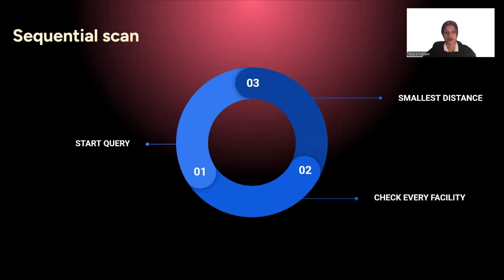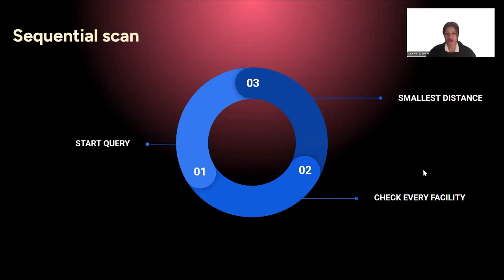So first one we will go over is the sequential scan. As we mentioned, it's the baseline method. It's the simplest one. It starts a query and then it checks every facility and then it gives us the smallest distance. So the sequential scan actually uses the Euclidean distance to determine the facility.